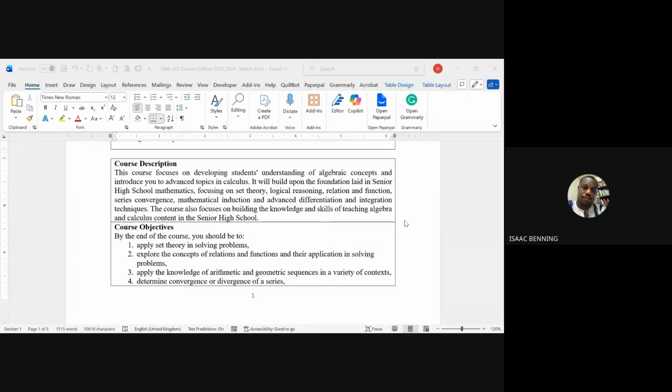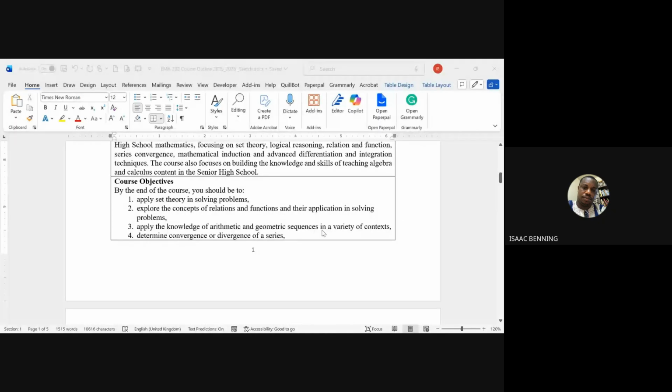Particularly, we shall focus on set theory, logical reasoning, relations and functions, series convergence, mathematical induction, differentiation and integration techniques. And as indicated earlier, the course will also build your knowledge and skills of teaching algebra and calculus content in the SHS.